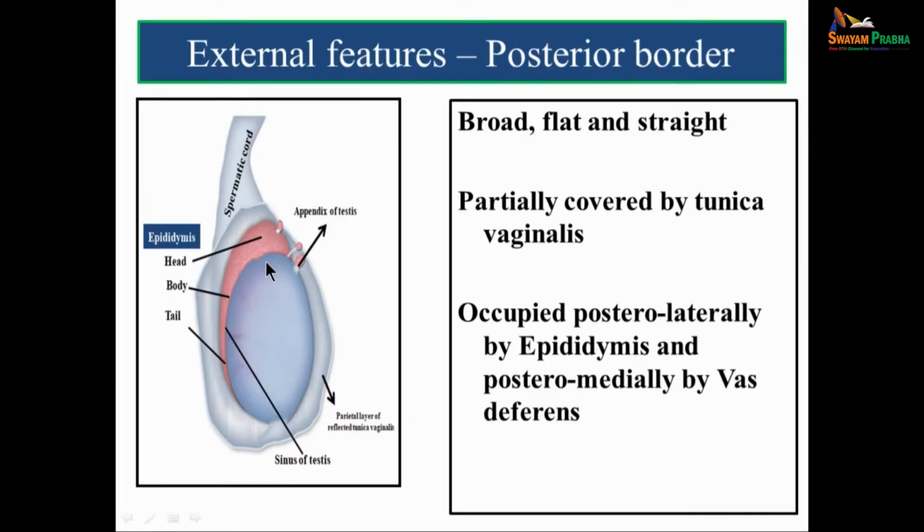The posterior border is broad and flat, and it is also straight. It is partially covered by tunica vaginalis. On the posterolateral aspect, we have the epididymis, and on the posteromedial aspect we have the vas deferens.